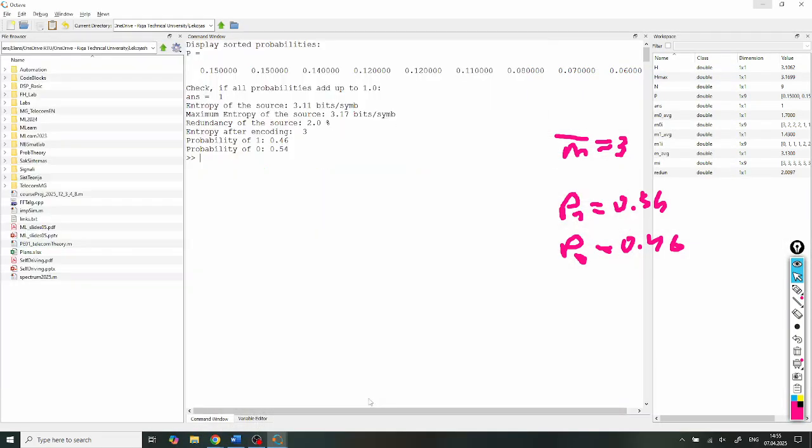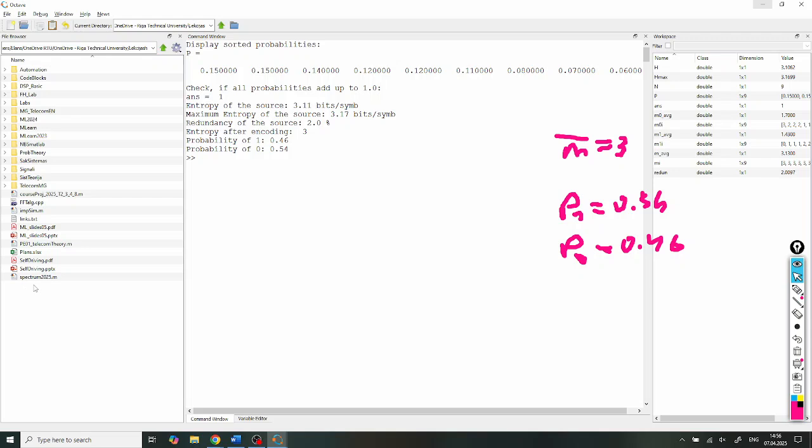So let's see about Huffman code. As you can see, Huffman code is exactly the same, except that the probability of 1 or 0 is inverse, but you can easily replace every 1 with 0 and every 0 with 1, and that's going to be the same code. So essentially we can say this is exactly the same, Huffman or Shannon-Fano.